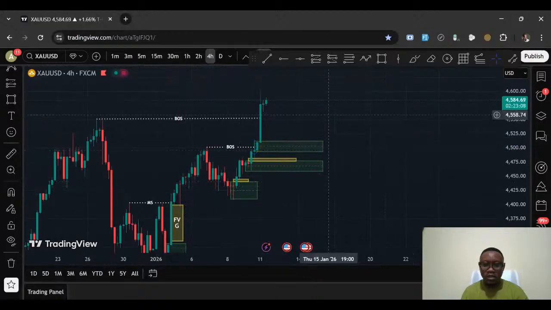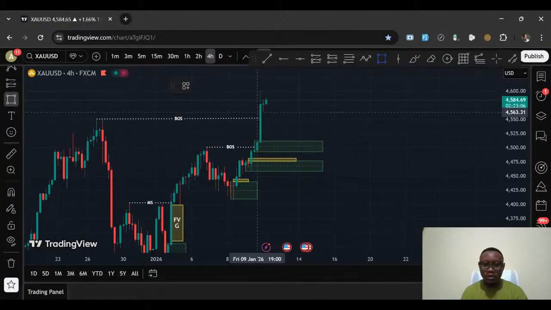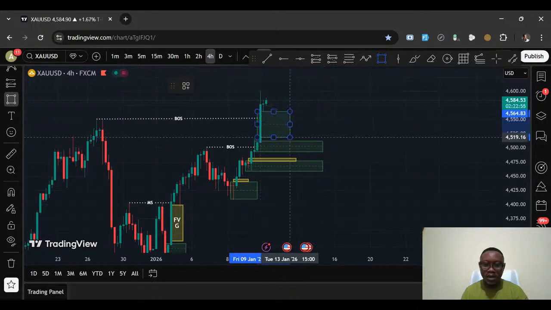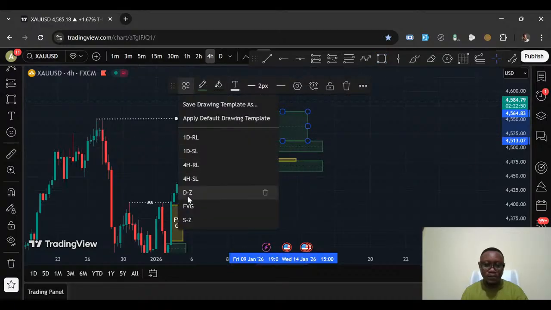This is the fair value gap, the gap in between the candle before and the candle after the impulsive candle. So that gap in between is what we call the FVG. This is my FVG.